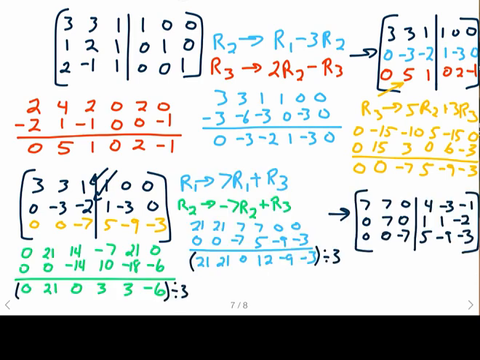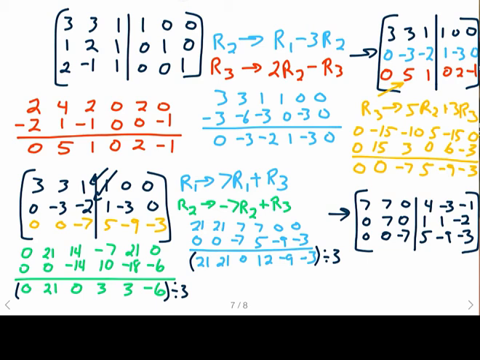And as it turns out, when I do both of those things, I was able to divide each of those rows by 3, which is something we're allowed to do in augmented matrices. And I end up with a new matrix, 7, 7, 0, 4, negative 3, negative 1, 0, 7, 0, 1, 1, negative 2.